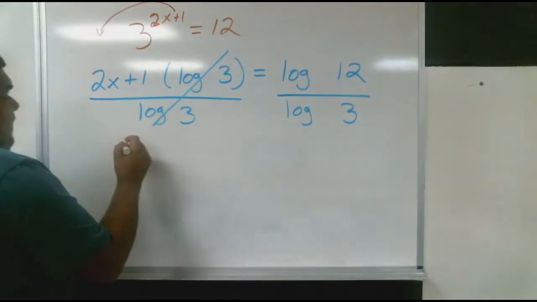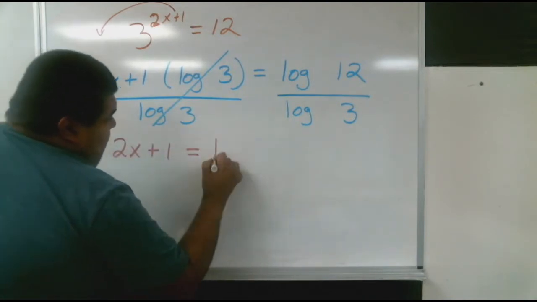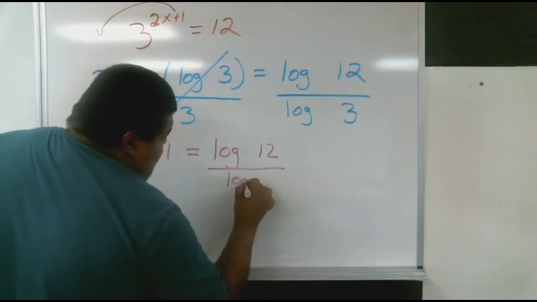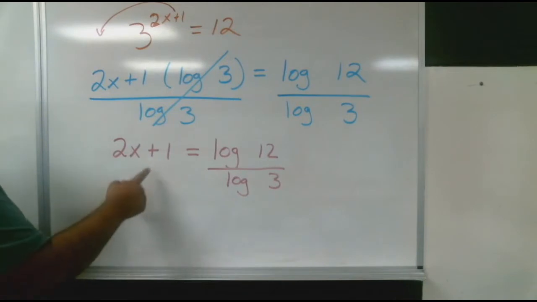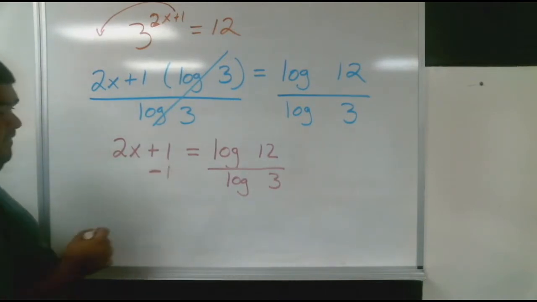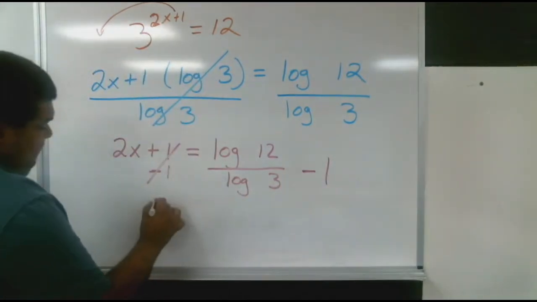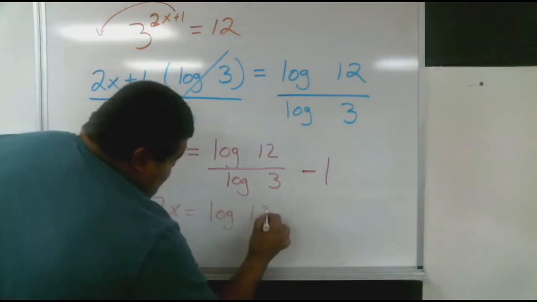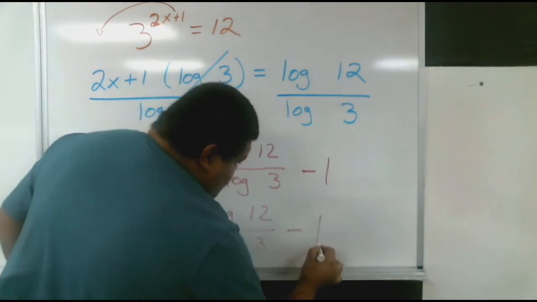So we're left with 2x plus 1 equals log of 12 over log of 3. Now we're going to get rid of the 1. So we have minus 1 over here, so it cancels out. We have 2x equals log of 12 over log of 3 minus 1.